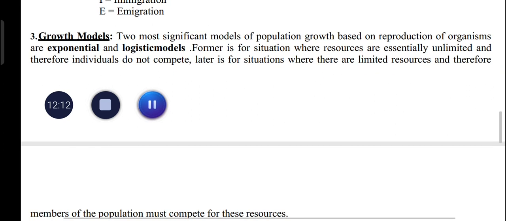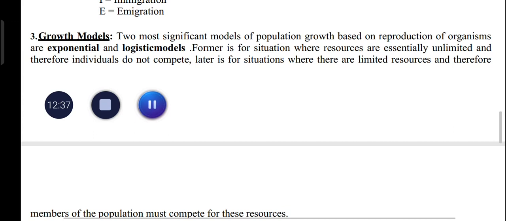Growth models also. The two most significant models of population growth based on reproduction of organisms are the exponential and logistic models. Exponential is for a situation where resources are essentially unlimited and therefore individuals do not compete.